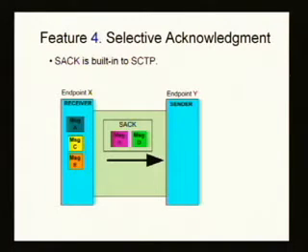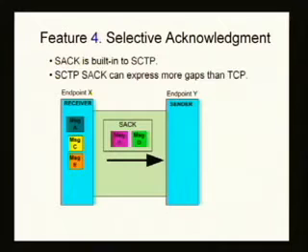Because it is built into the protocol and it's not an extension, when it's implemented in TCP, it's actually implemented in TCP options. That limits, since the TCP header is a certain set of bits, you can only express so many gaps. I think the actual upper bound is expressing 4 gaps.